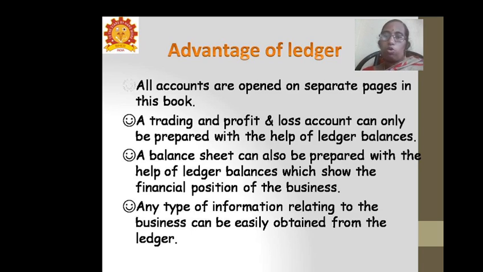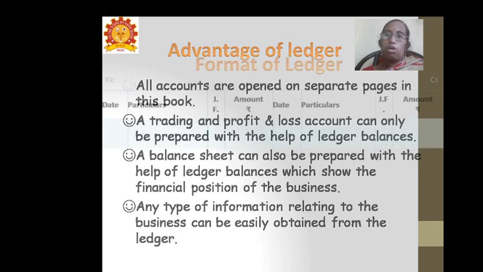All the accounts are separately opened in the book format. After preparing each and every account, they prepare the trading and profit and loss account. A balance sheet is also prepared with the help of the ledger, and all other information can be easily obtained from the ledger.